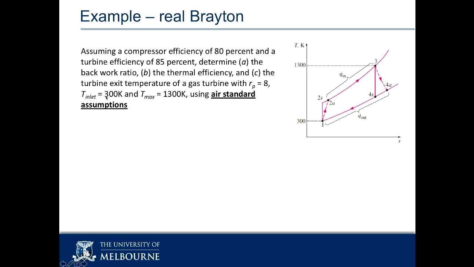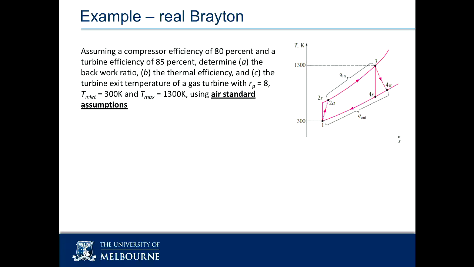Using air standard assumptions instead of cold air standard assumptions is a code word, which is why I've underlined it. Cold air standard assumptions tells you I can assume Cp is constant at the cold air temperature.